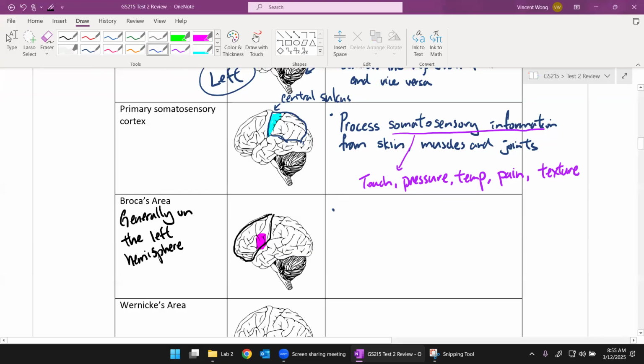What it does is it enables production of articulate speech.